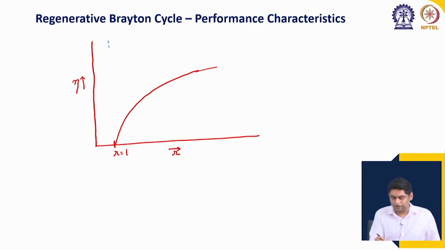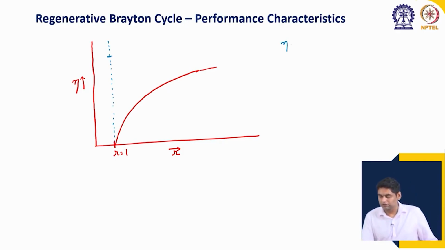Regeneration cycle, again starting from the minimum value of r, which is 1 theoretically. Okay. For different values of T, so remember what is the efficiency? For this case, this is 1 minus C by T. Unlike 1 minus 1 by C for Brayton cycle, in this case for regeneration it is 1 minus C by T.